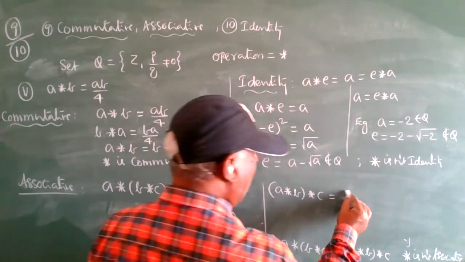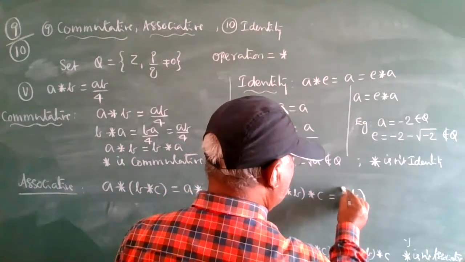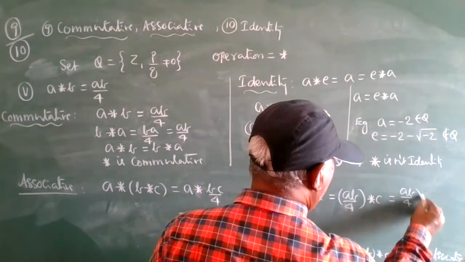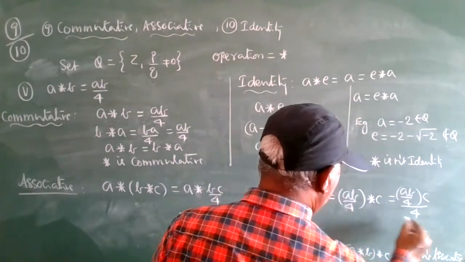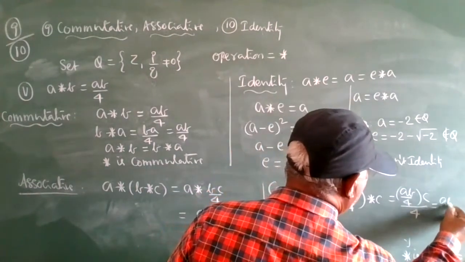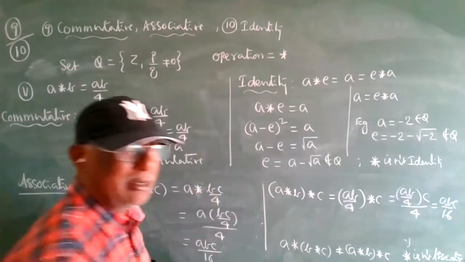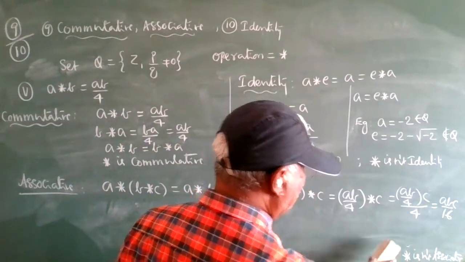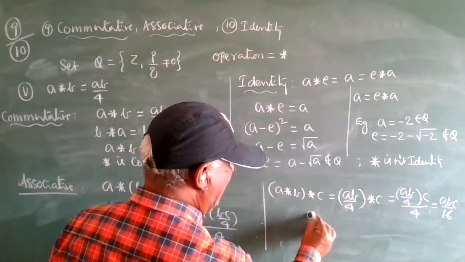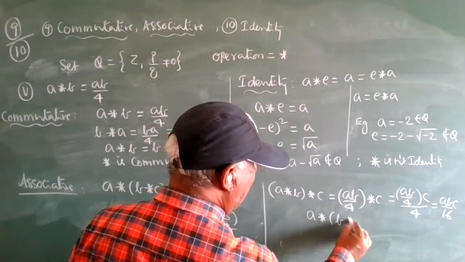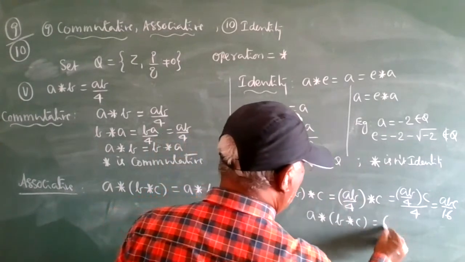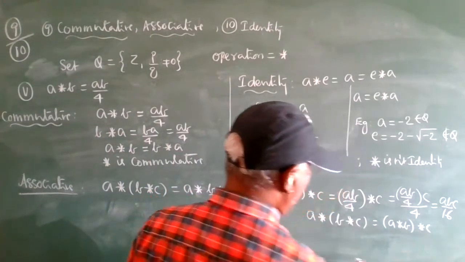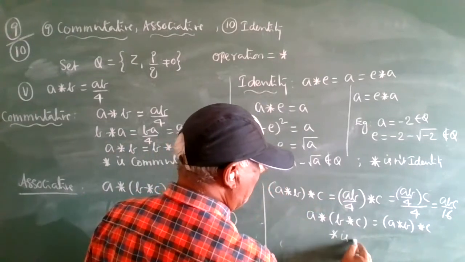Come here: AB by 4 star C. First element AB by 4 into C by 4. This is ABC by 16. Therefore, A star bracket of B star C is equal to A star B star C. Therefore, star is associative.